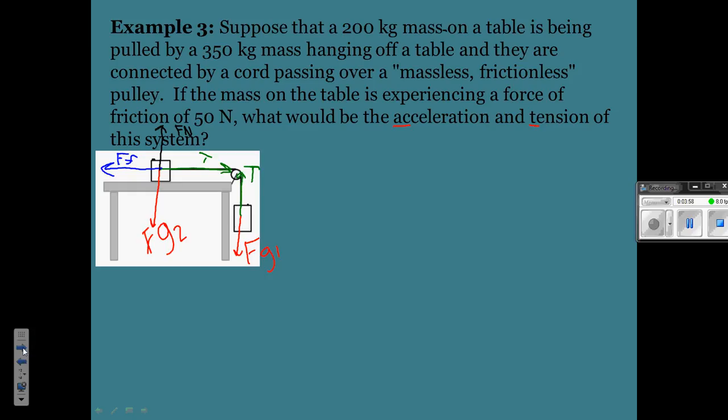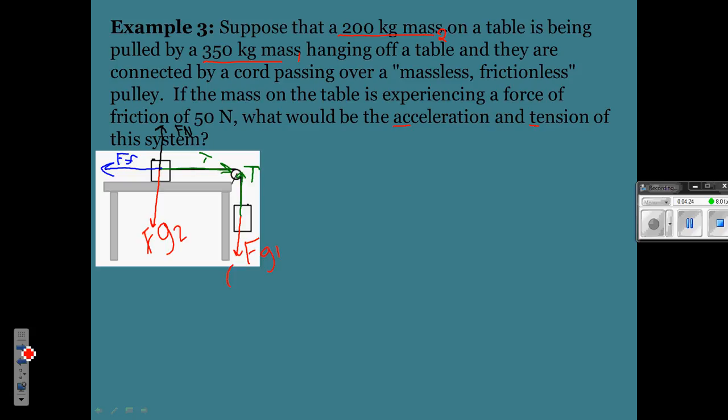We can find our F of g1 like we have always done, and that is taking the mass of the hanging box. The mass that's on the table is the 200 mass. I'm sorry, that's our mass 2. The 350 is our mass 1.